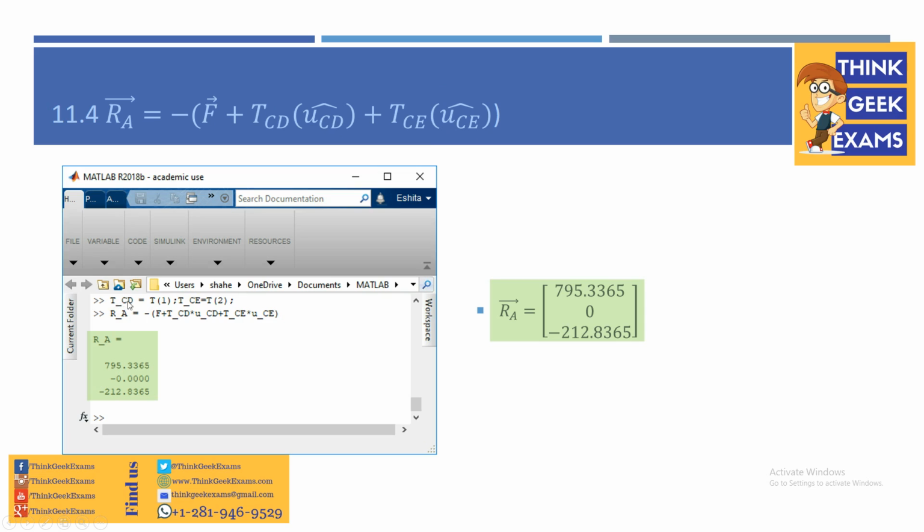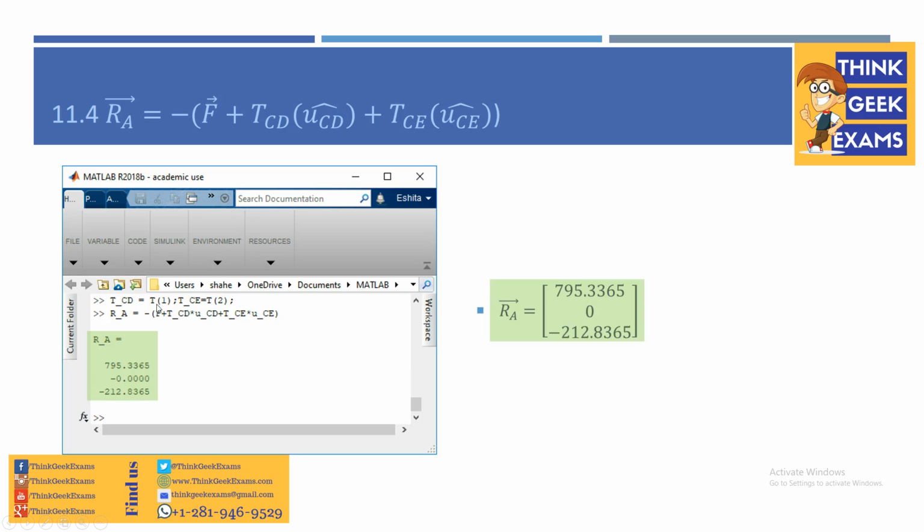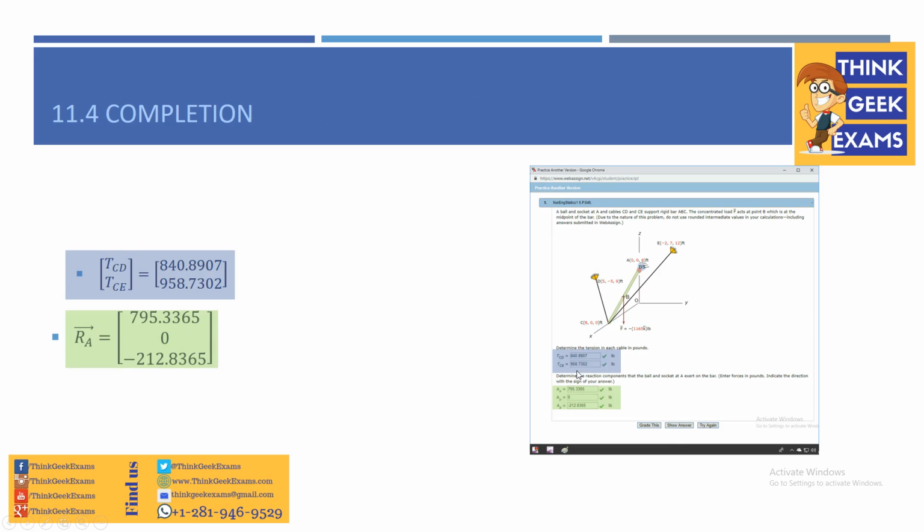So TCD is the first. So in here, this is a T vector, and the first element is TCD, and the second element is TCE, and RA is basically this equation right there, and that spits out our RA, and that has 3 coordinates, so that's exactly what is needed.